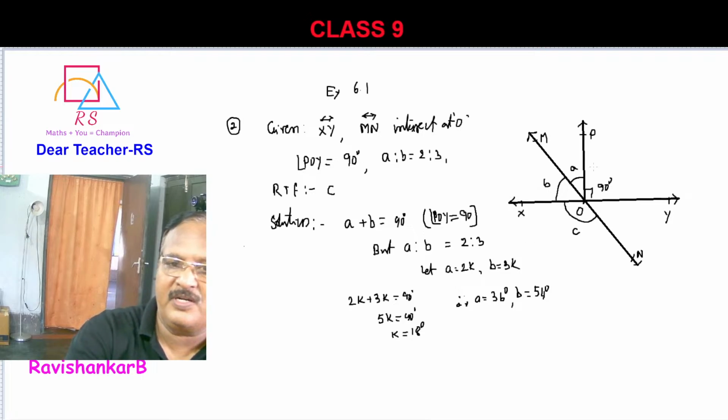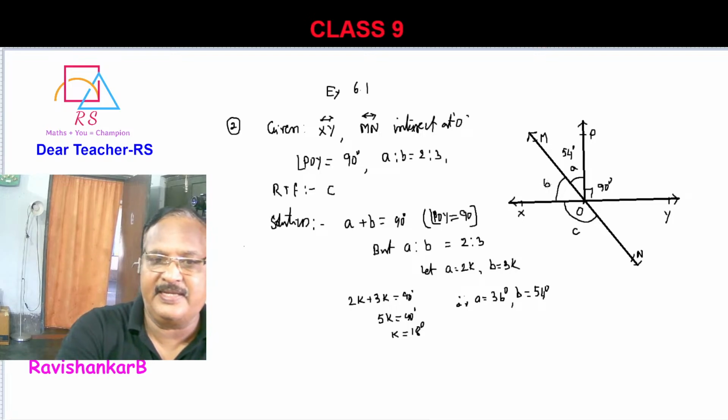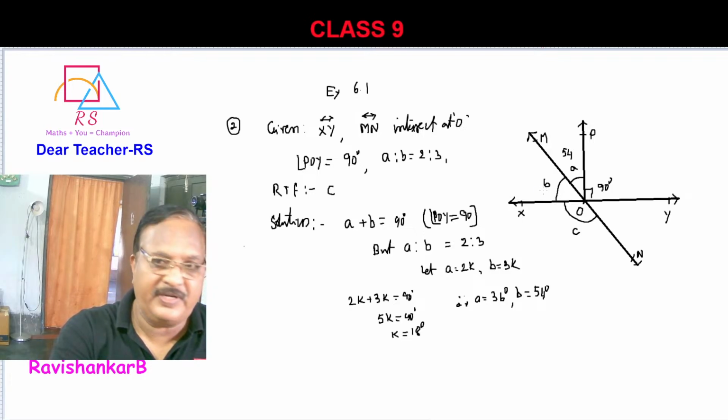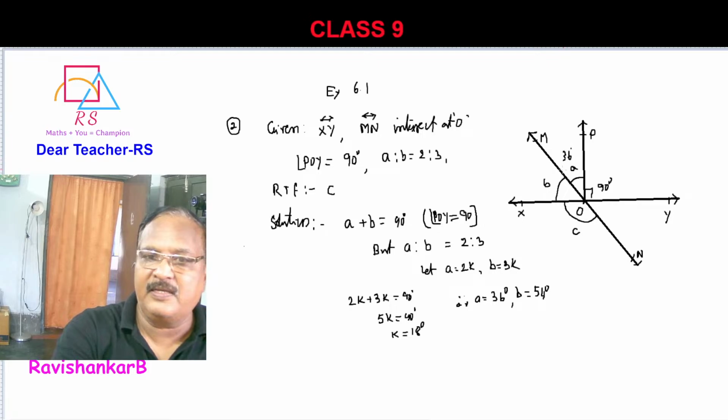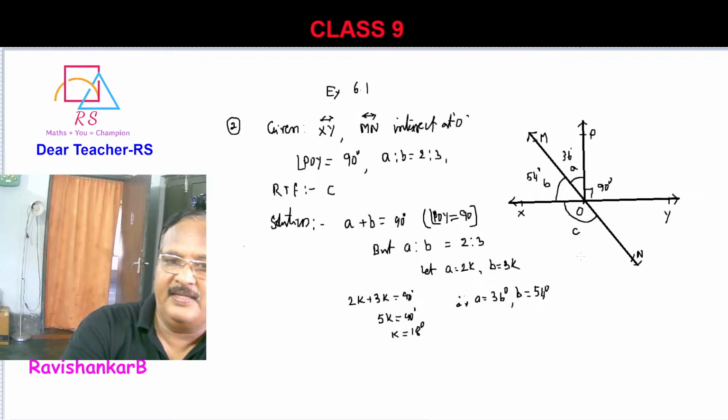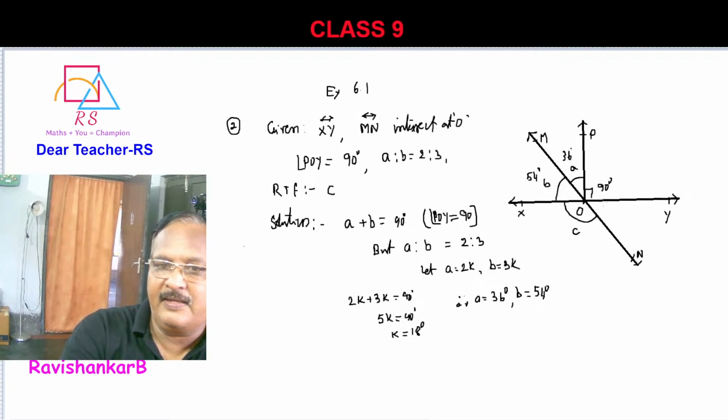So now we have got A. A is 36 degrees, and B is 54 degrees. Okay, and then we have to find out C, and this is nothing but B, vertically opposite angles.